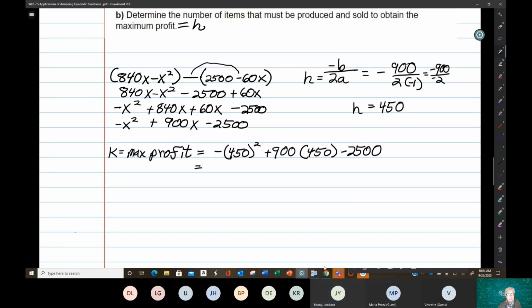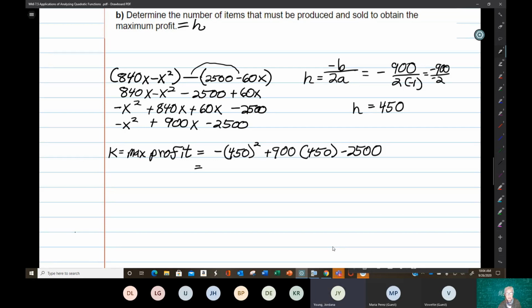In the equation of H equals negative B over 2A, I understand the 900 and then the 2 times the negative 1. So we're just dropping the x's, right? We don't need that in this equation. We're dealing with pure numbers, yes.